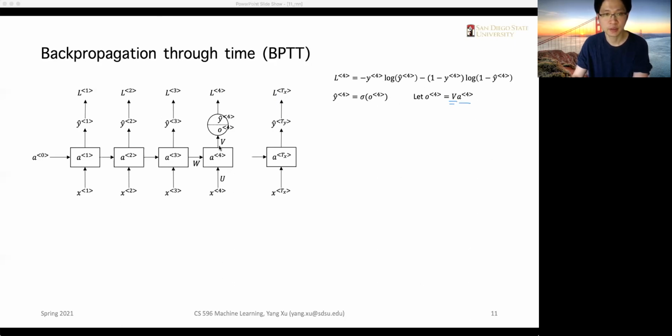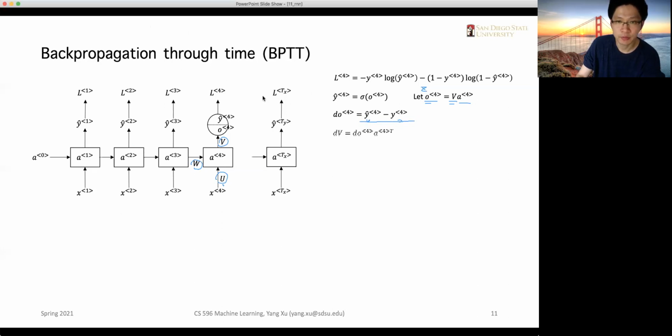Here, just for simplification, we use the notation V, W, U, but it's essentially the same, okay? So you can think of this O as Z, okay? Recall in logistic regression, DO is simply the difference between y hat 4 and y4, right? So that's something we already know.